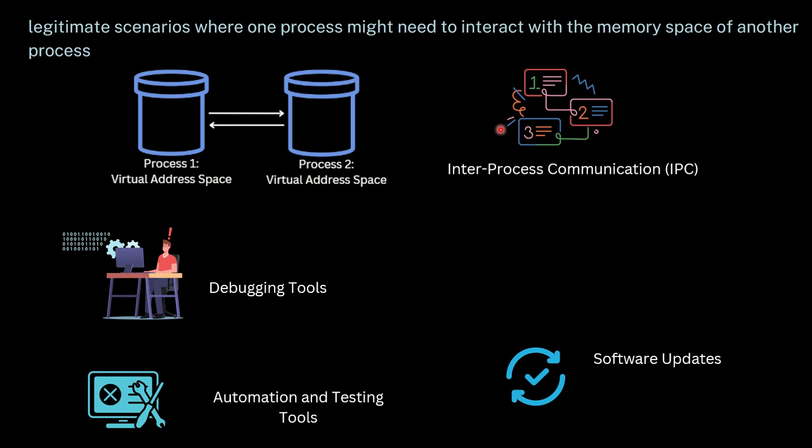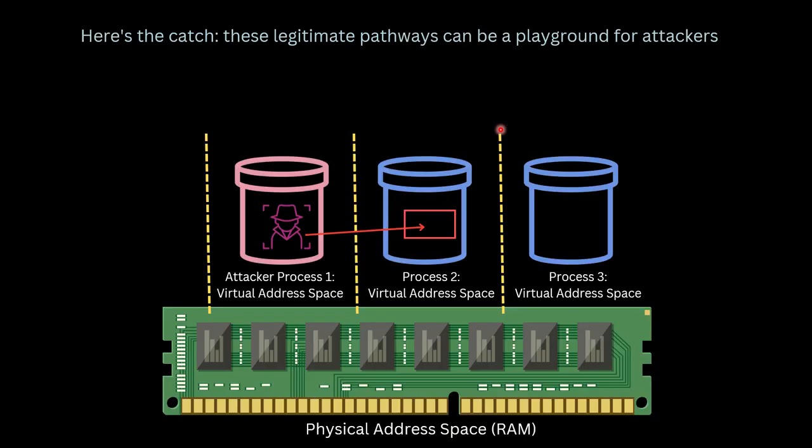Now let's understand how the allocation works, what an attacker does to inject its code and get its code executed in another process's virtual address space. What are the stages that the attacker has to go through?